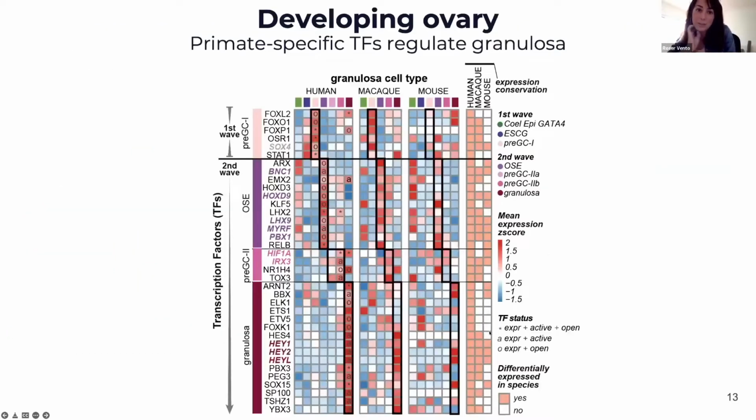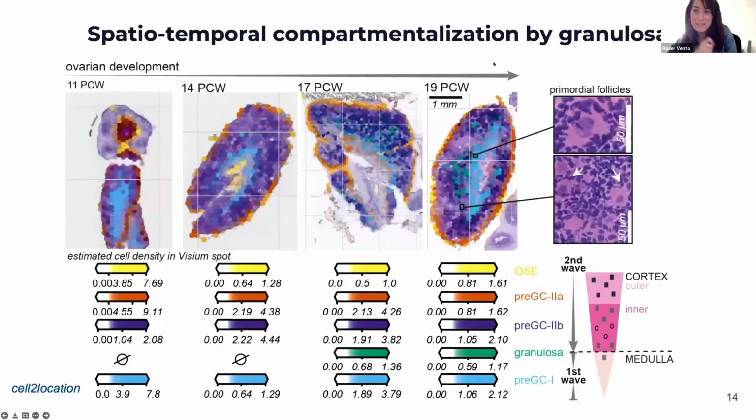And to compare them with the other species, we looked further into the transcription factors, and we looked at their expression and their activity by making use of the multi-omics data. And again, what we could see is that there are specific regulatory programs in primates that are not conserved in mouse, just highlighting how relevant it is to study this process in humans.